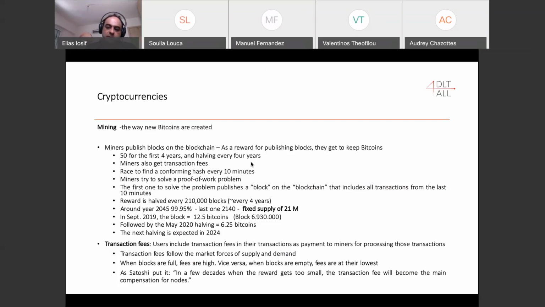I mean, this process is what makes Bitcoin secure. And the transaction fee is a small amount, which is not fixed, of course, which is given to the miners for their effort to create a new coin.